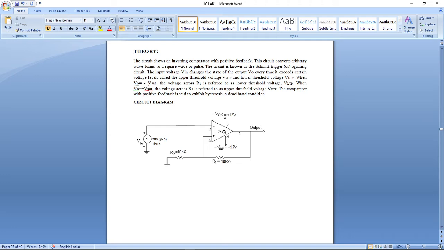So while connecting op-amp, first we need to connect the 7th terminal as plus 12 volts and the 4th terminal as minus 12 volts. This Schmitt trigger we can also call an inverting circuit, because the second pin is called the inverting input and the third pin is called the non-inverting input.